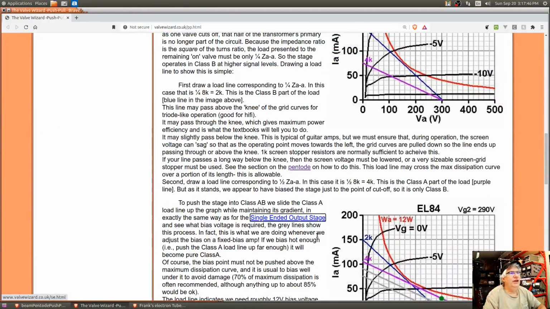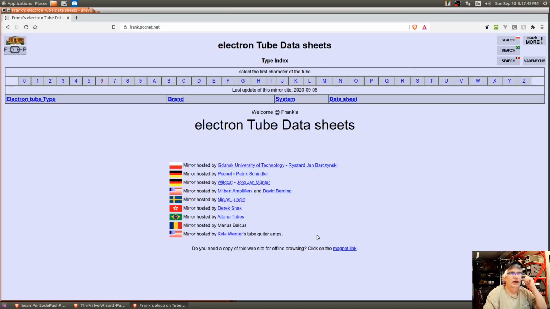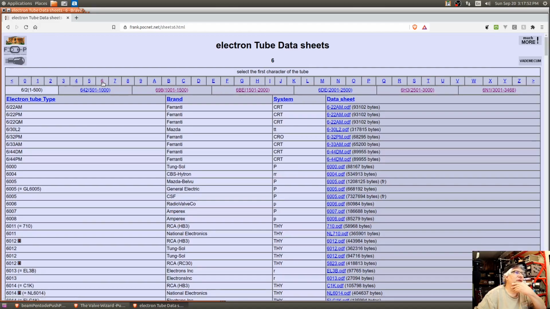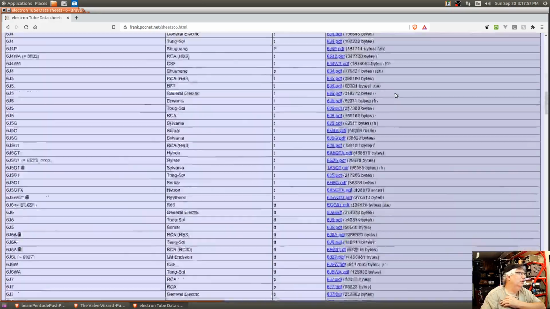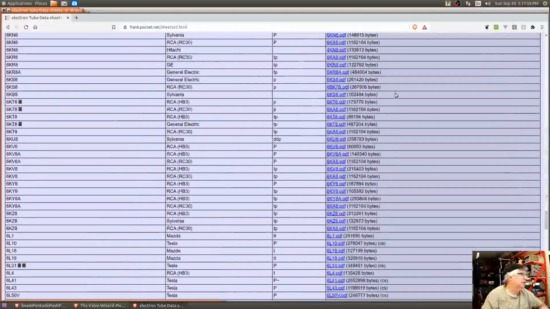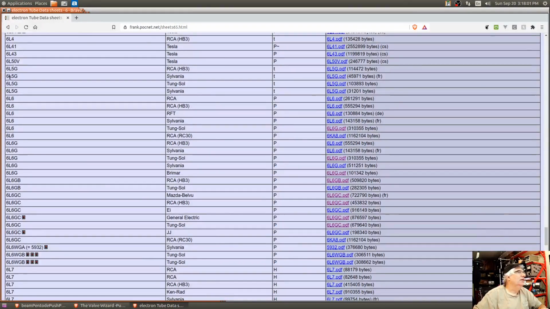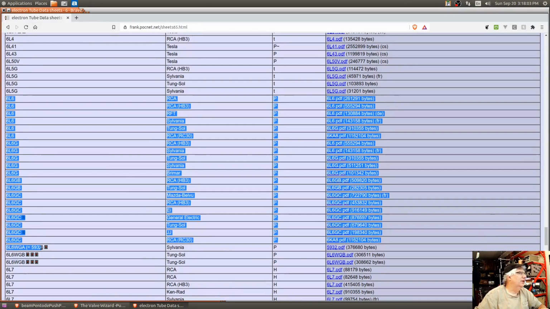The data sheet I'm going to use is from Frank's data sheets. We're going to look for 6L6, so I come to 6, and we go down to 6L6. 6L6 starts here, and it goes all the way down to here.